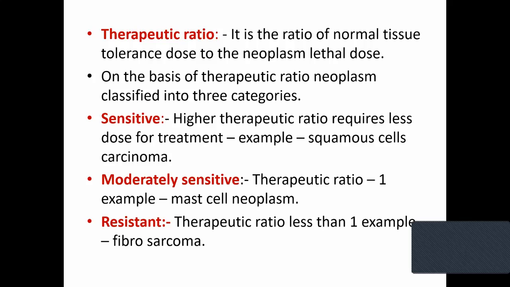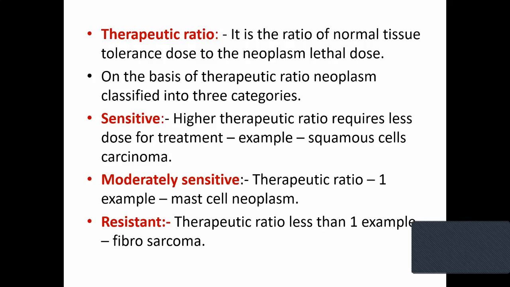The tumor that comes under this category is squamous cell carcinoma. Next is the moderately sensitive one. Here the therapeutic ratio is 1. An example of this moderately sensitive tumor is mast cell neoplasm.